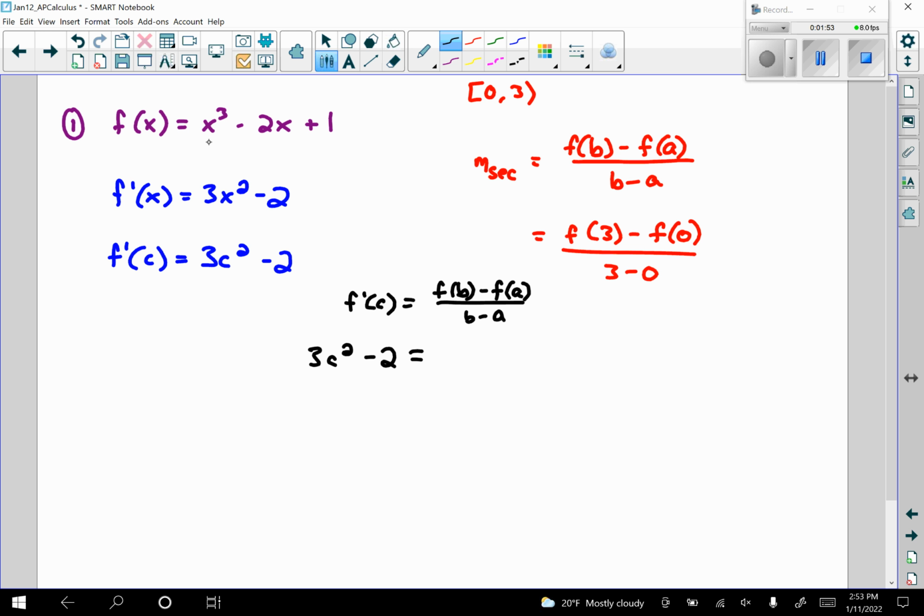So if we do f of 3, 3 cubed is 27. We'll get 27 minus 6, and then plus 1, so that'll give us 22. f of a is 0, so that's just going to give us 1. And 3 minus 0 will give us 3. So it'll give us 21 over 3, which is 7.